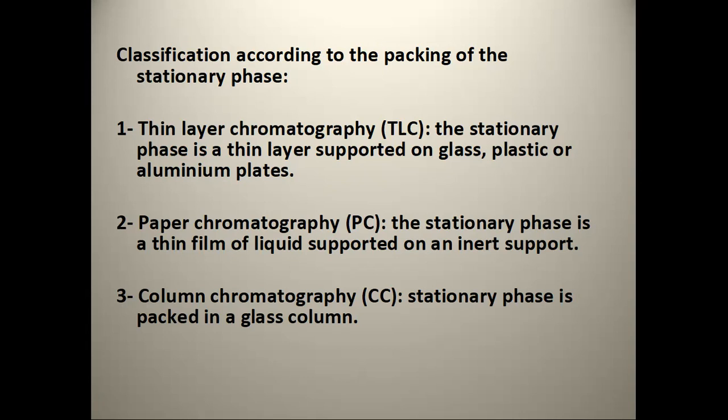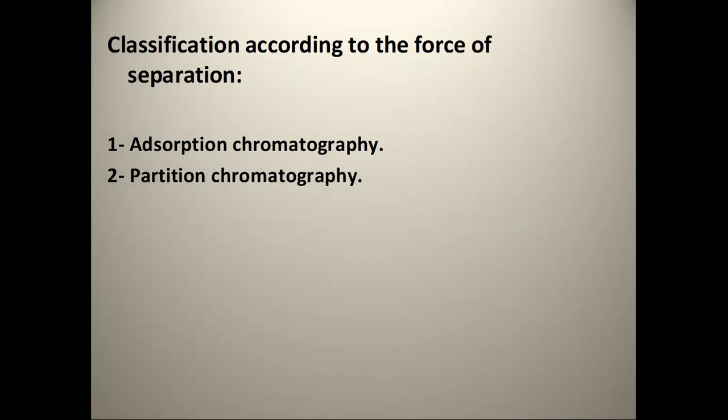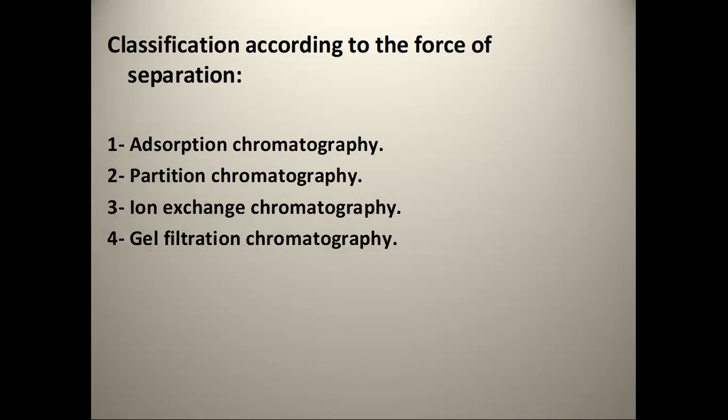And then you can do that in a large scale in a column chromatography. But we'll concentrate on paper chromatography since that is the experiment that we did. We also have adsorption chromatography, partition chromatography, ion exchange chromatography. So there are lots of chromatography that is available out there.